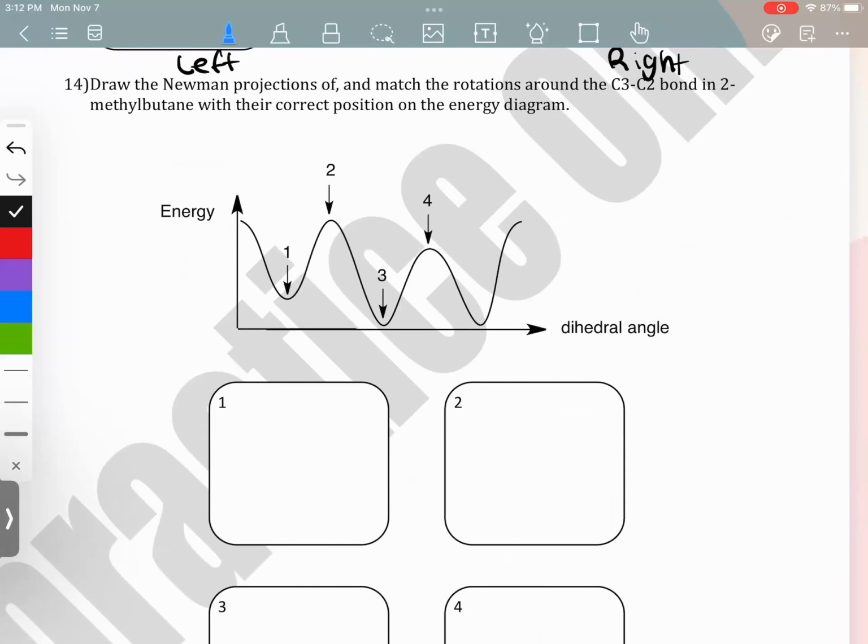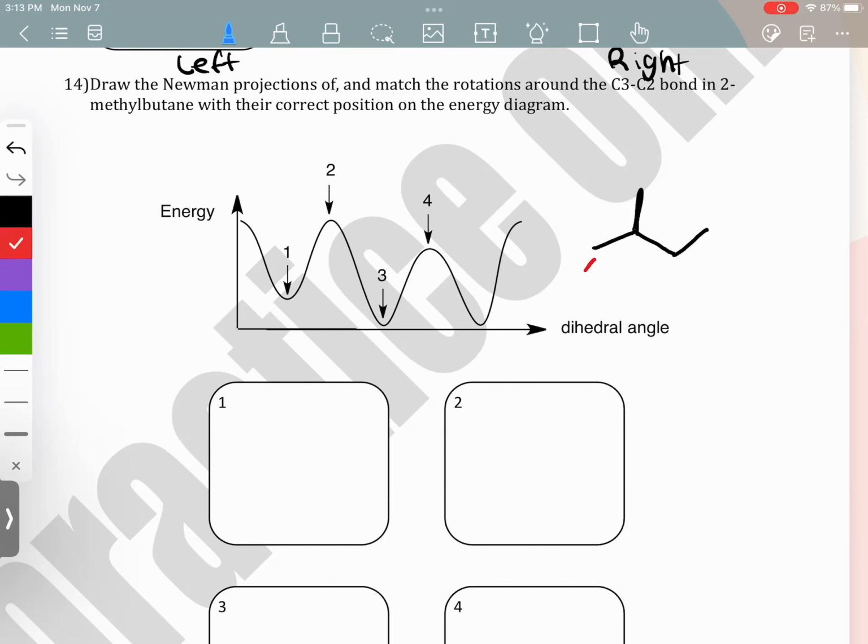14. Draw the Newman projection and match the rotation around the carbon-3, carbon-2 bond in 2-methylbutane with the correct position on the energy diagram. So, first things first, 2-methylbutane: 1, 2, 3, 4.